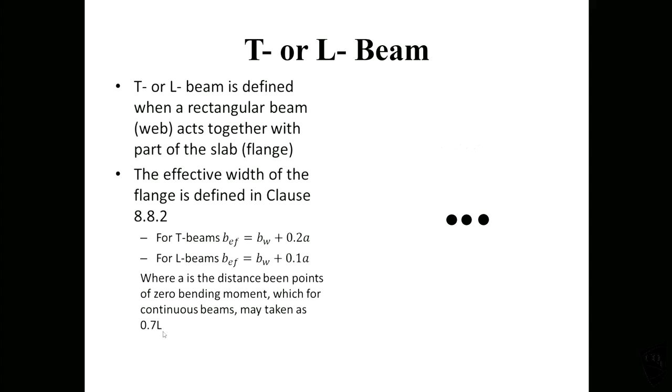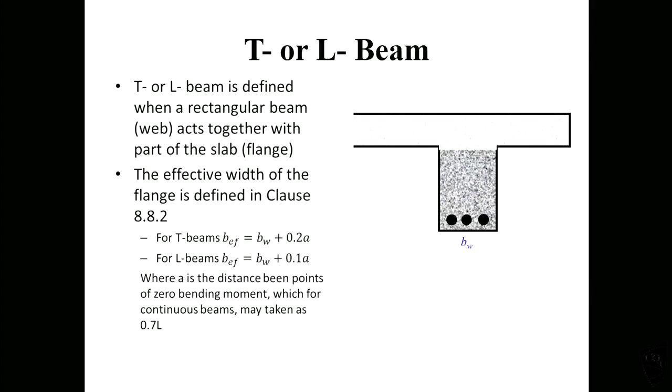So A is 0.7 L, capital L, remember L is the center to center distance. So 0.7 L is equal to A. You should be able to calculate the effective width of L-shape or T-shape beams. These are the standard notations.